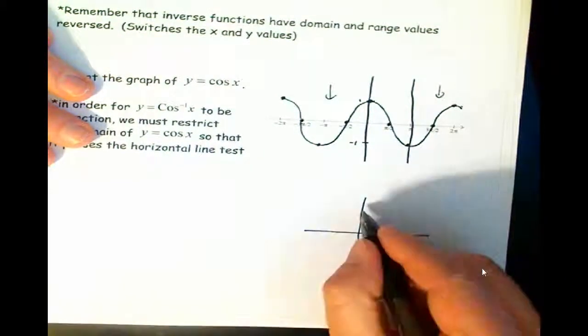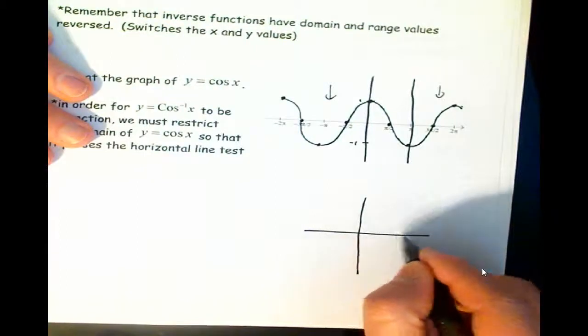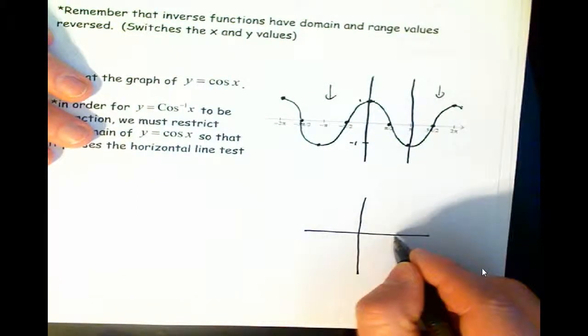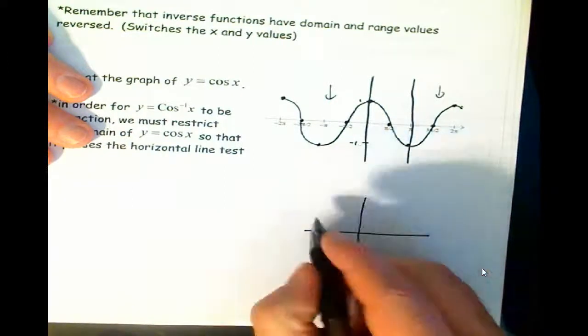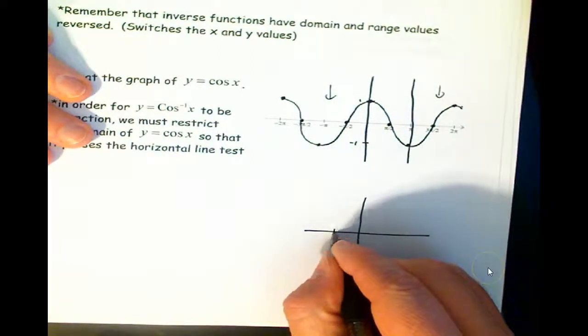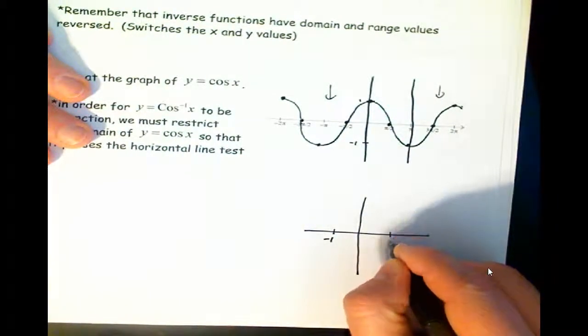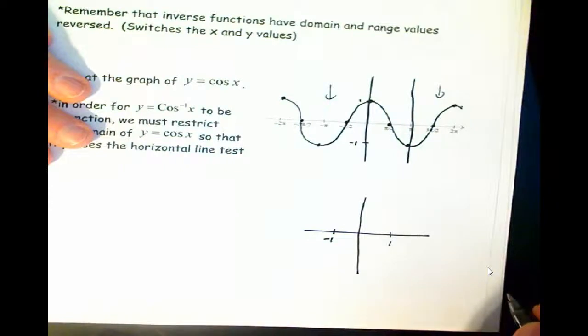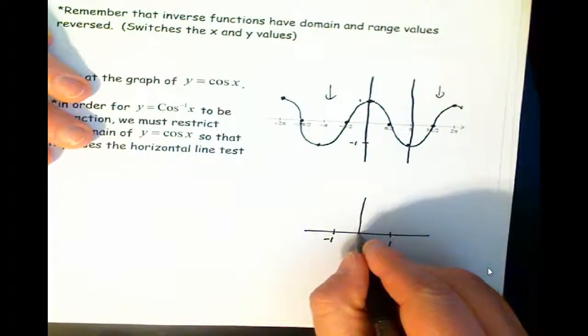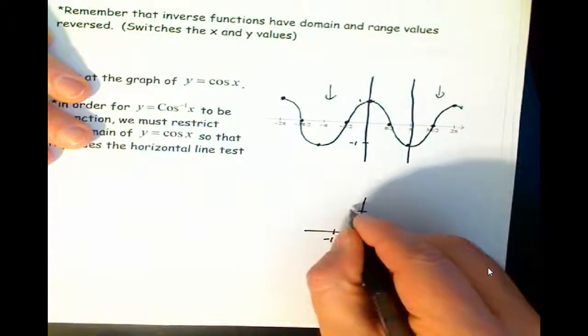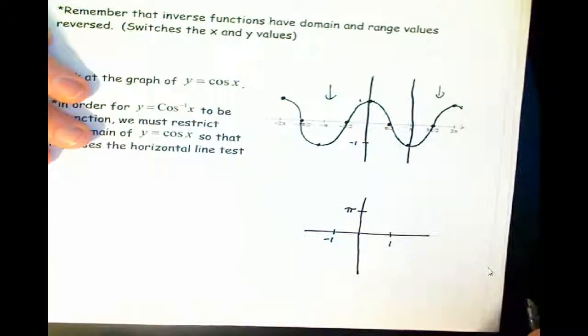Now, instead of angles on my x-axis, I have values. And the range, well, it's the domain now, goes from -1 to 1. And the range is now from 0 to pi.